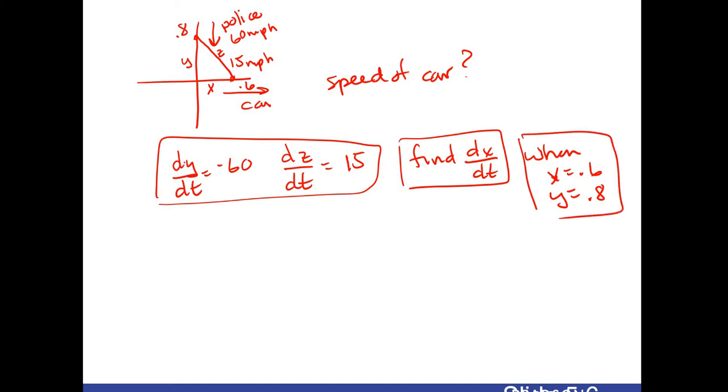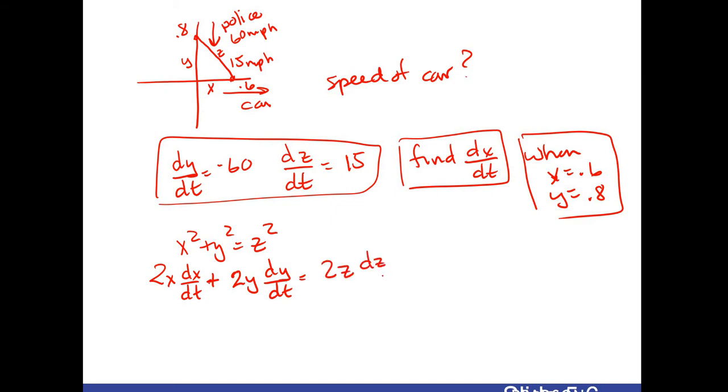So now, using my variables x, y, and z, because those are the rates I'm looking for, I'm going to write an equation. Well, this is a Pythagorean relationship. Differentiating this, 2x dx/dt plus 2y dy/dt equals 2z dz/dt. Now I'm going to plug in everything I know. X is 0.6, dx/dt I don't know.